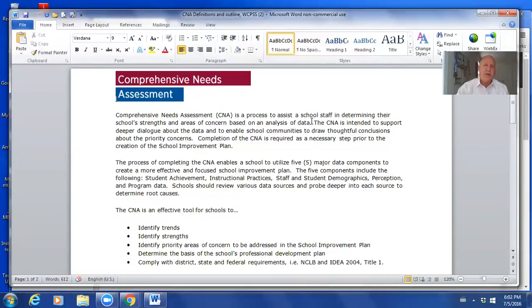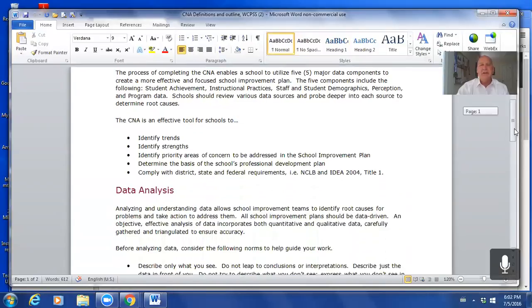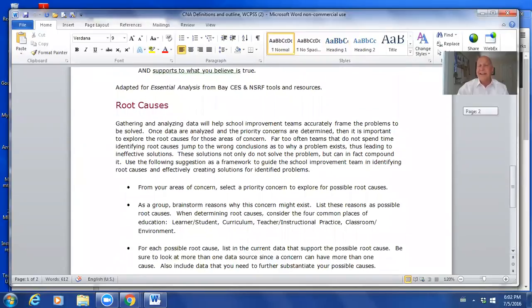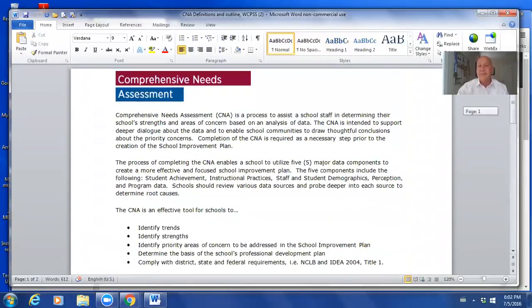So while you're gathering data for the SIAP A and B, take a look at this document and think about it in terms of the data analysis and root causes.